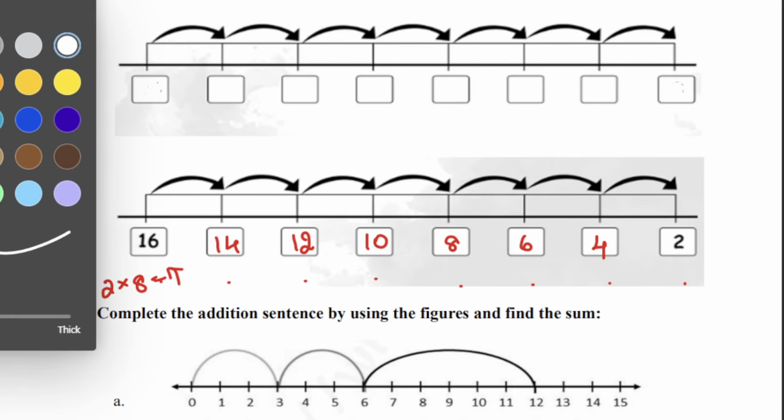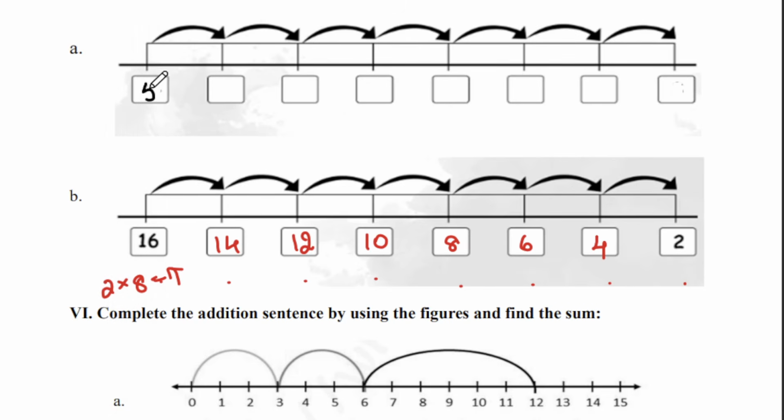Imagine they are giving 5 here and they are giving 40 here.